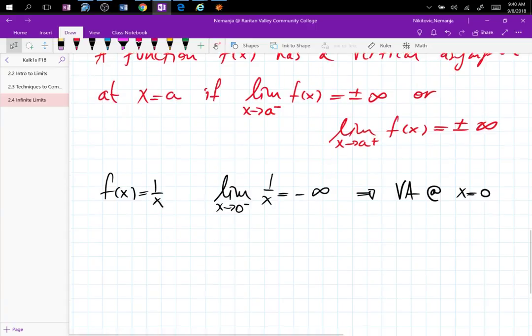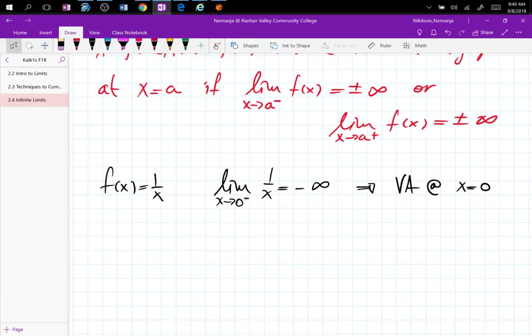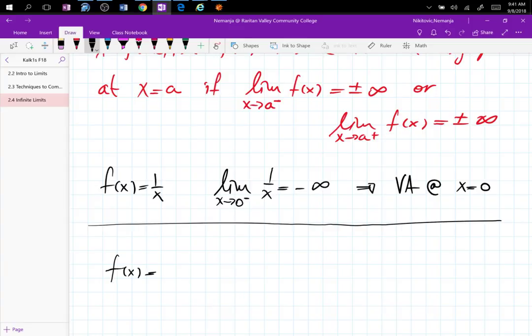Now let's take a look at another example. And this is one of my favorite examples, obviously, because it fixes the issues and problems that you might have picked up in your pre-calculus course. We are going to consider function f of x.